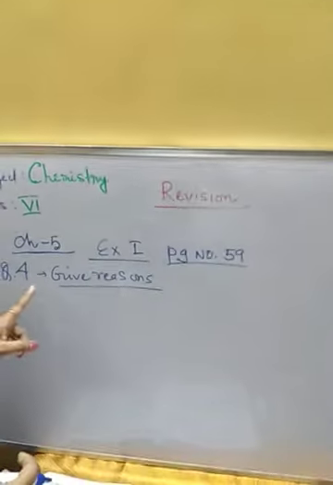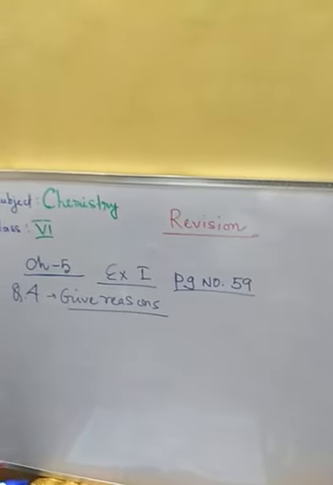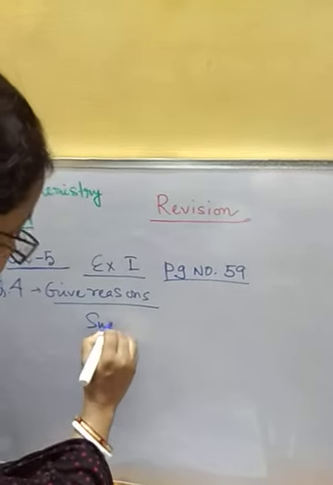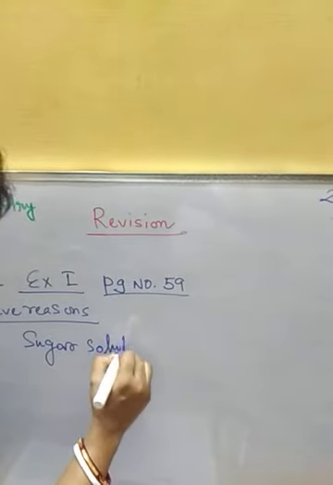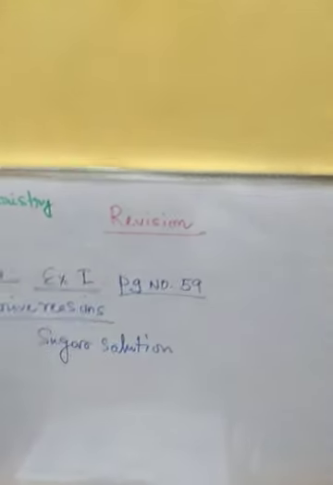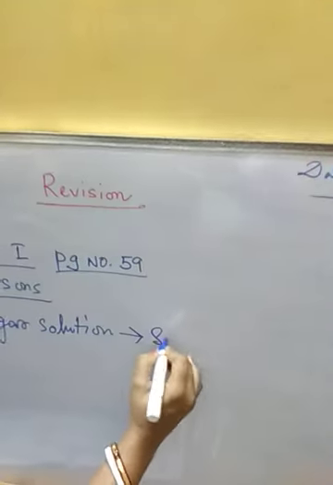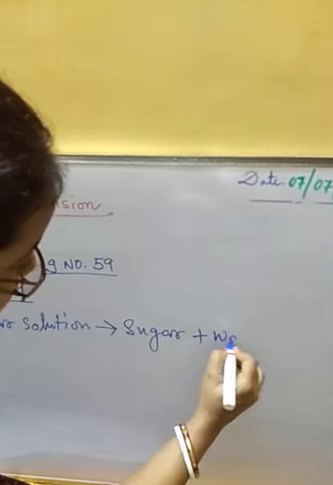So the first question is, why do sugar and water retain their individual property in a solution? So in a sugar solution, two things are there. This is a mixture, we know sugar is there and water.